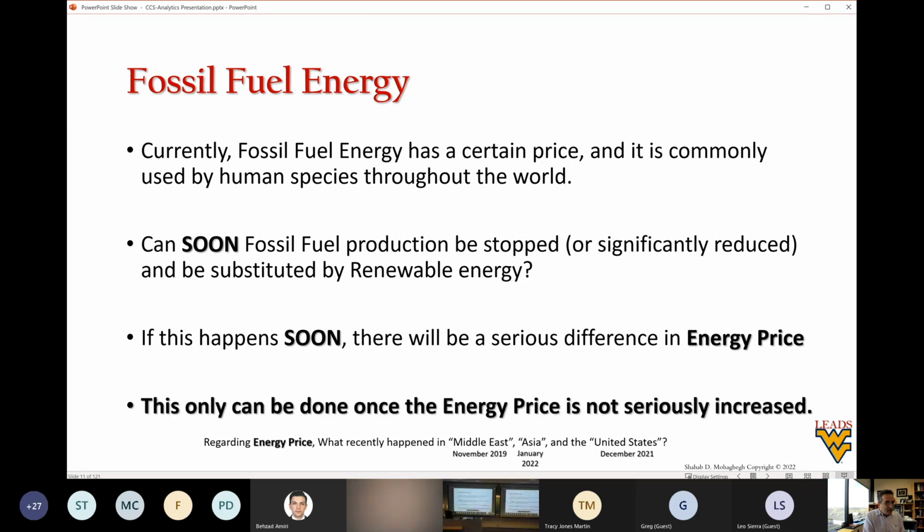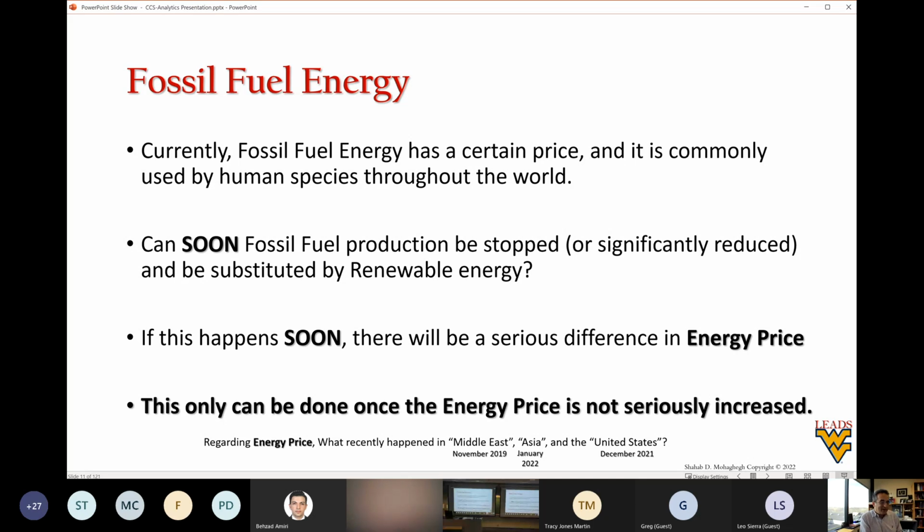This substitution of fossil fuel energy with renewable energy, or any other type of energy that brings down the CO2 production, only can be done once the energy price is not seriously increased.